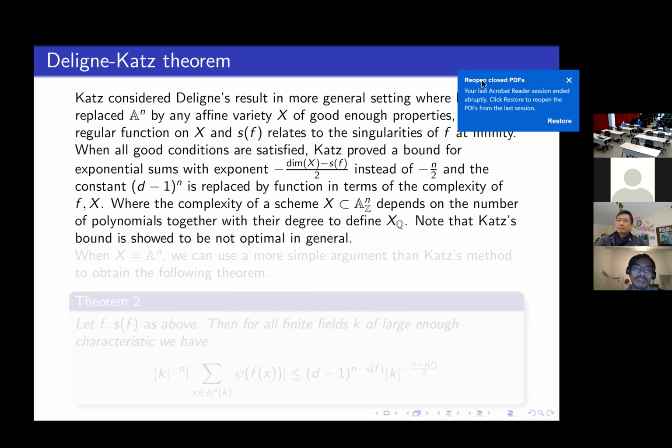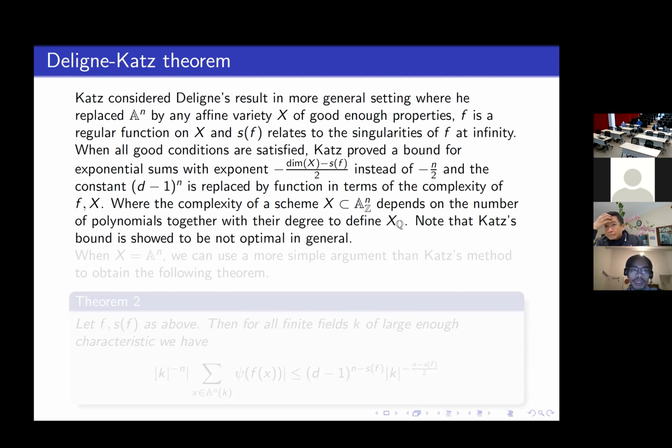Before proceeding after the result, let's consider a more general setting, where we replace A^n by any X with good enough properties, and f is a regular function on X, related to the singularity of f at infinity.